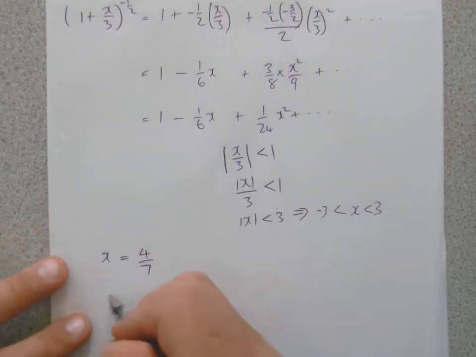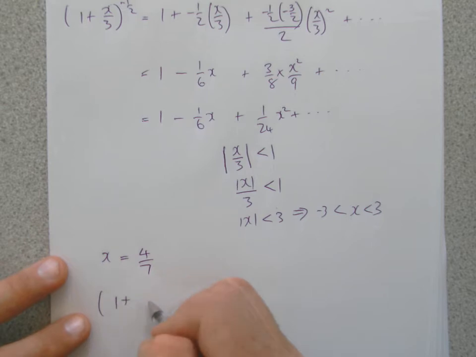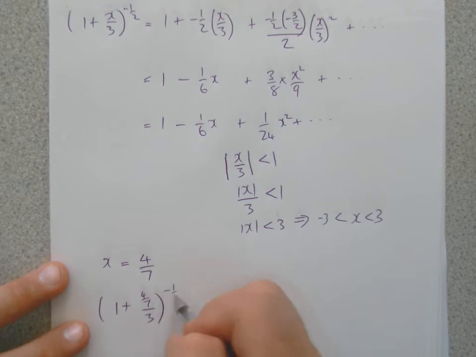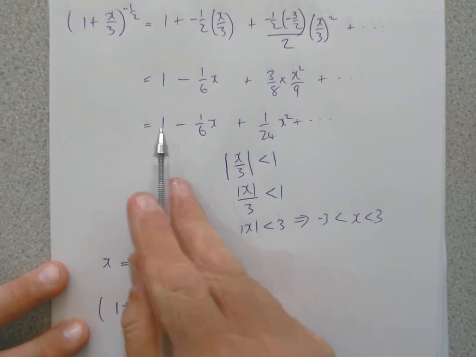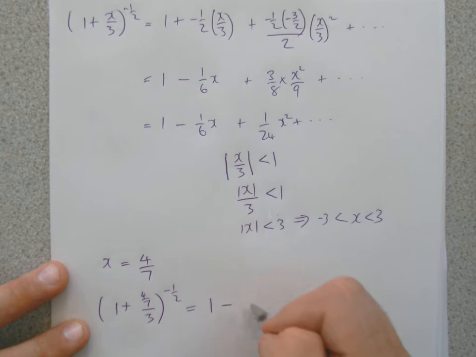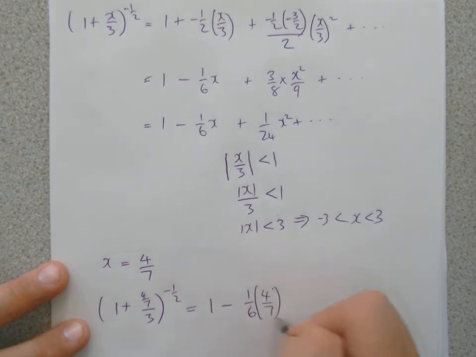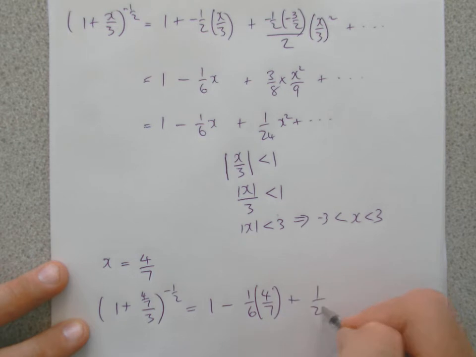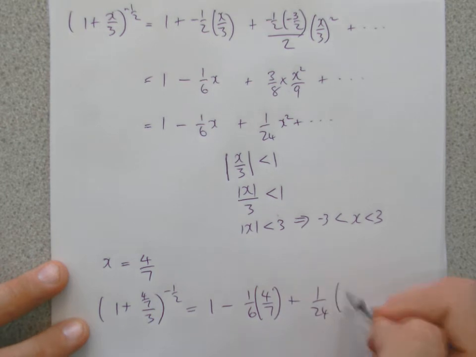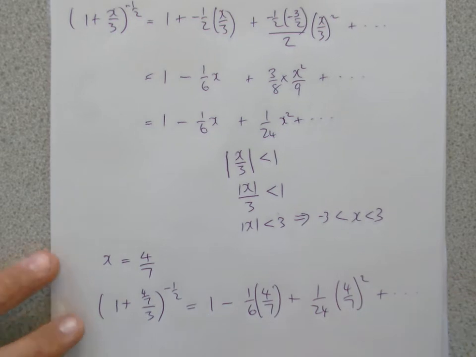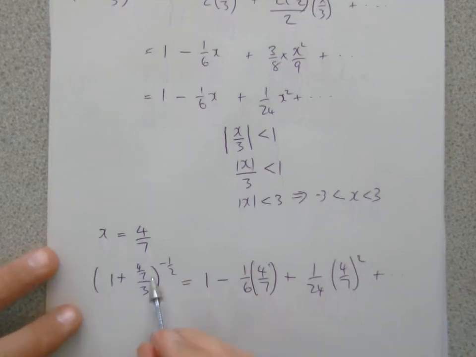So you'll have 1 plus 4/7, that's what x is, divided by 3, to the power minus a half. And that will equal, in this expansion, 1 minus 1/6 times 4/7, plus 1/24 x squared, so that would be 4/7 all squared, plus dot dot dot. So we put it in the expansion, but we've also put it in here.